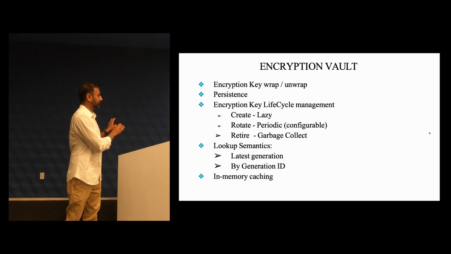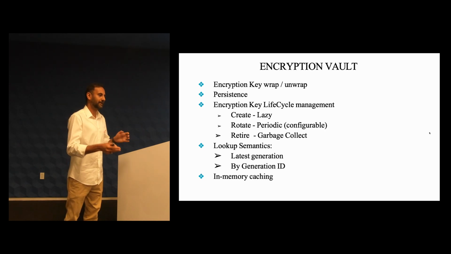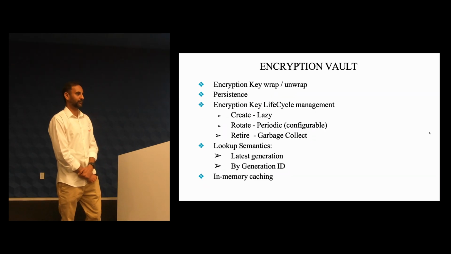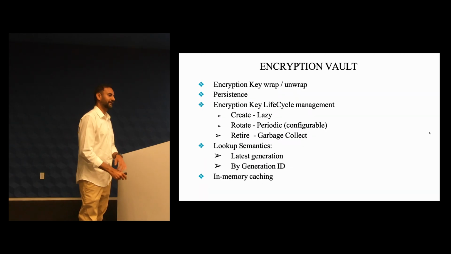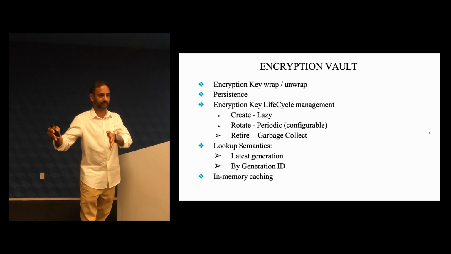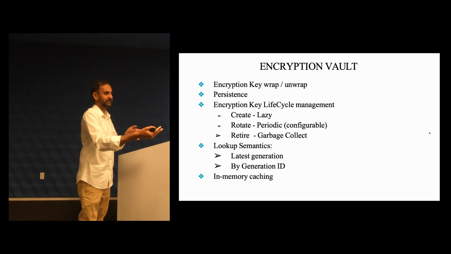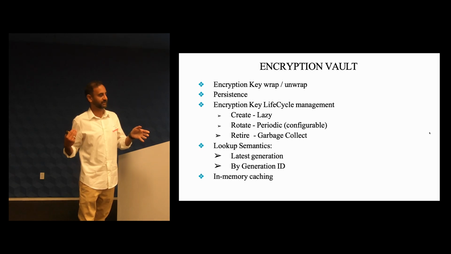From our point of view, just for the integration, it needs to at least support two types of lookup. One is for the writes, where we care about the latest generation for that particular domain or cluster. So it needs a fast lookup ability: I just give a tenant ID, and give me the latest or current encryption key.